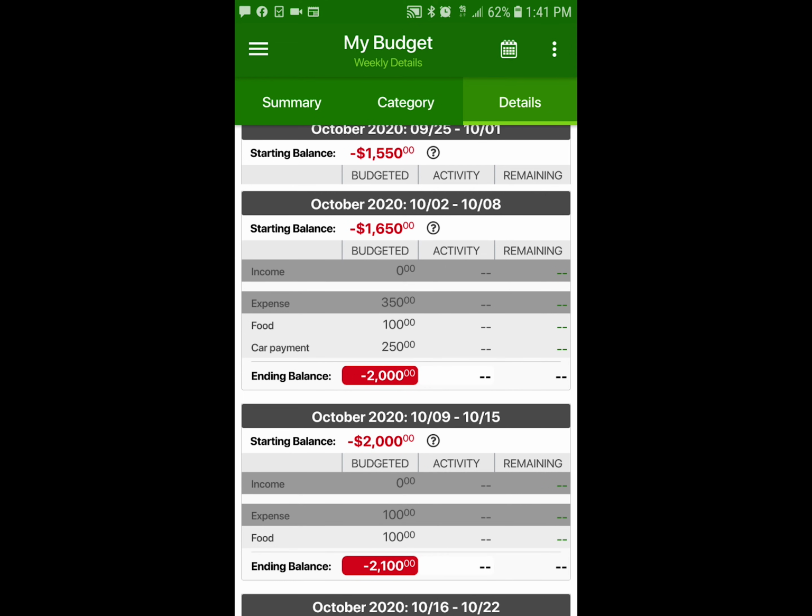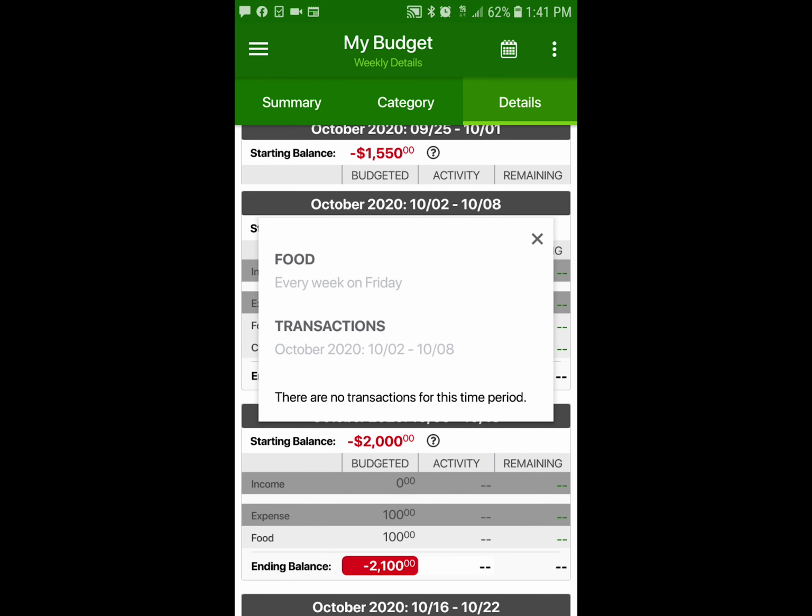Now, here's something else that is very nice that you can do. So if you go on any of these budget items here, notice the food. I'm just going to tap on food real quick, and it's going to pull up all of the transactions that I've assigned to food for this period of time. So food is every week on Friday.